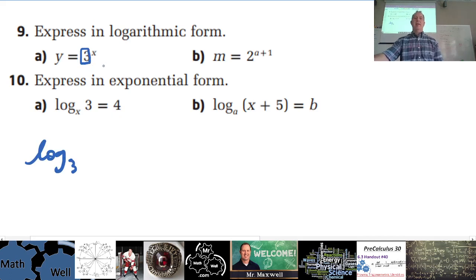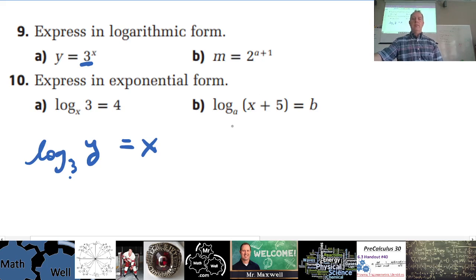It's 3 to the power of x, so the log is the exponent, and that's what the log equals. Here it's y. I think it's easier to go from log to exponent than from exponent to log. But if you remember that the base of the power is the base of the log, there's not too much else you need to figure out. So 3 to the power of x equals y.